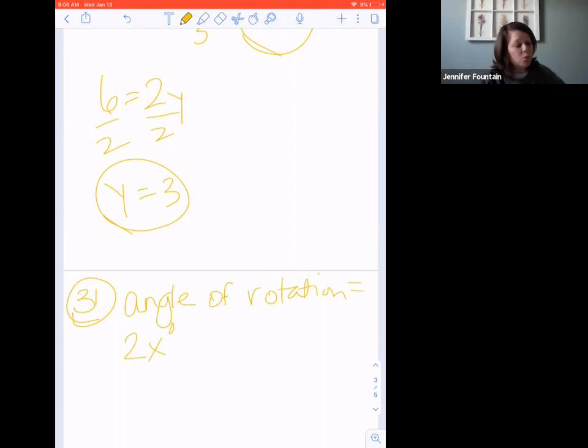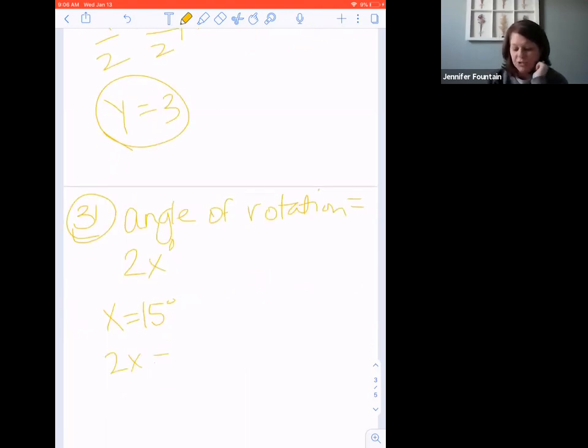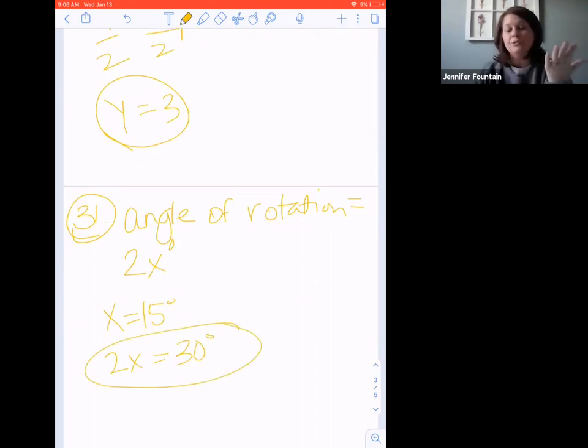So in number 31, they've told me that x is equal to 15 degrees. So 2x is equal to 30 degrees. And that's all it is, they told you that x was 15. So if I know that my angle of rotation is equal to 2x degrees, then I'm just multiplying 15 by 2.